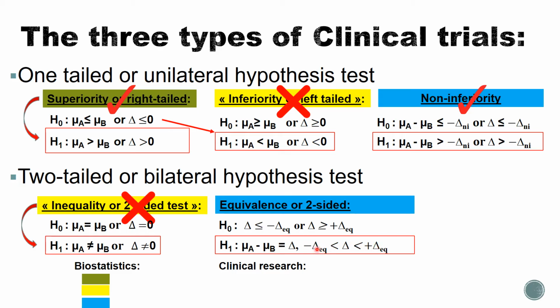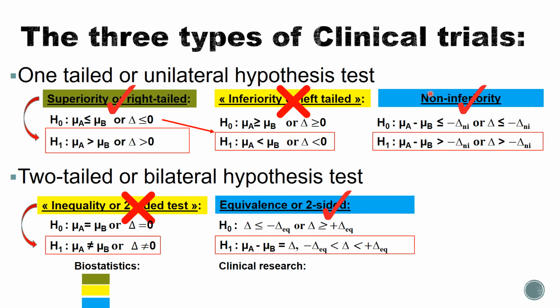If it's also lesser than the lower threshold, then the drug will be inferior to the existing treatment, which is the standard treatment B. So definitely we would agree to have an equivalence clinical trial.